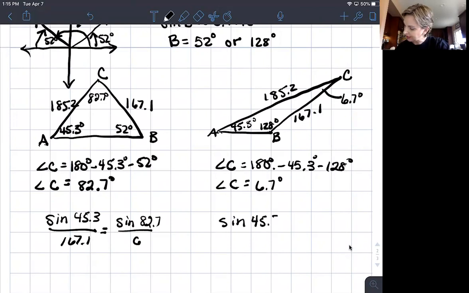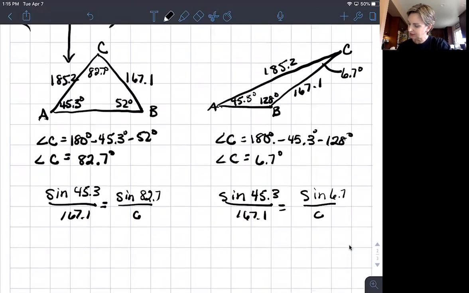Sine of A over side A, and you're going to use your sine of C over C. Cross multiply to solve for your side C.